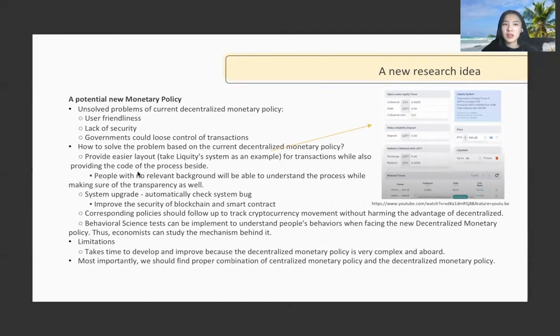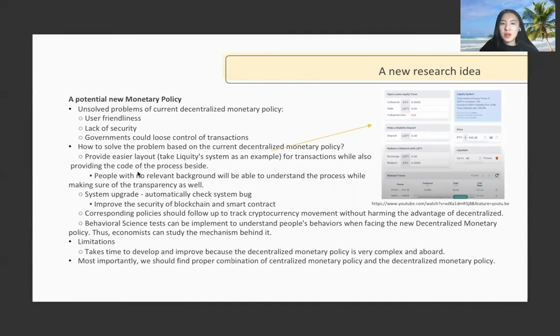The first thing I think of is that we can provide an easier layout. I take the liquidity system as an example. We provide an easier layout for transactions while also providing the code of the process beside it. In this case, people with no relevant background will be able to understand the process, while we also make sure of the transparency.